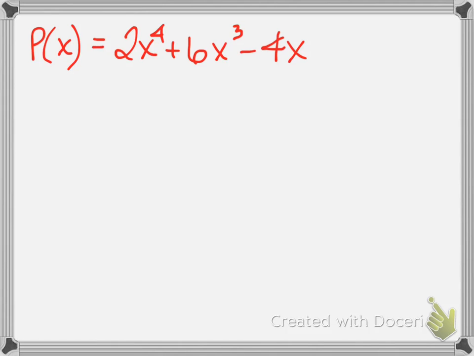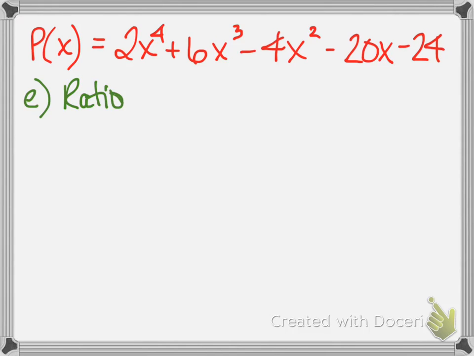This problem I had you change on the board. P of x equals 2x to the fourth plus 6x to the third minus 4x squared minus 20x minus 24. So for A, or in your packet it says E, but either way, for E, possible rational zeros of the function. So this is your rational root theorem.